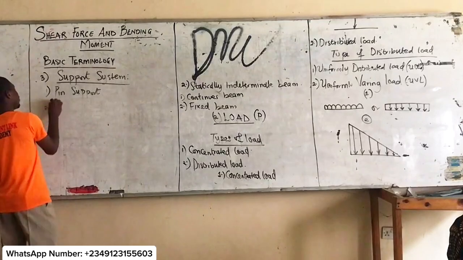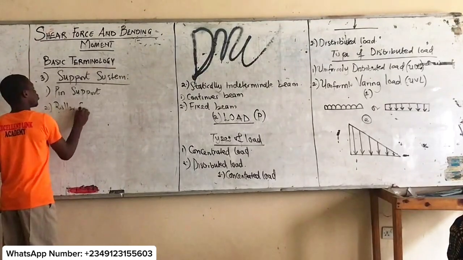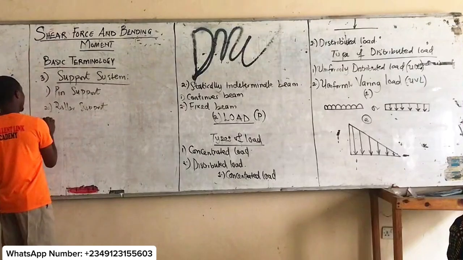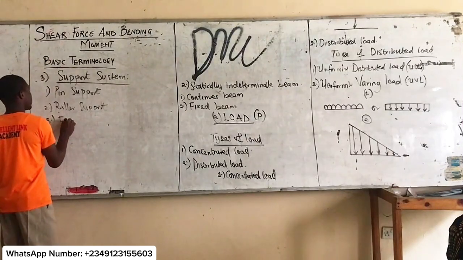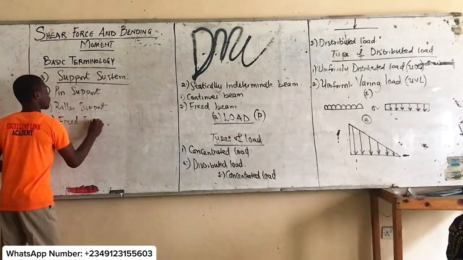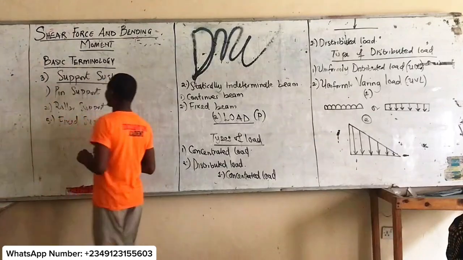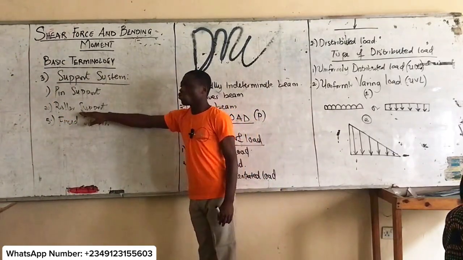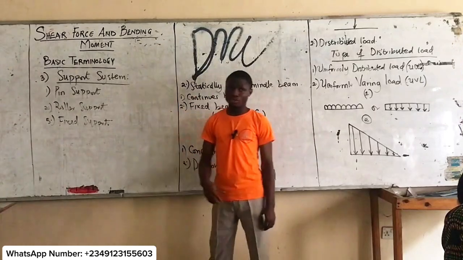Number 2, we have the roller support. Number 3, we have the fixed support. So these are the 3 types of support we have: the pin support, roller, and fixed support. So let's look at the diagram.